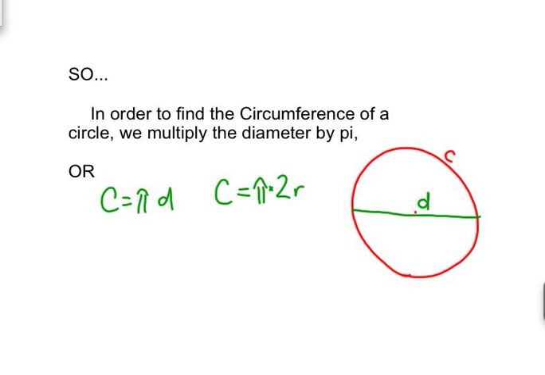If we were to multiply our diameter by 3.14, we would get our circumference.